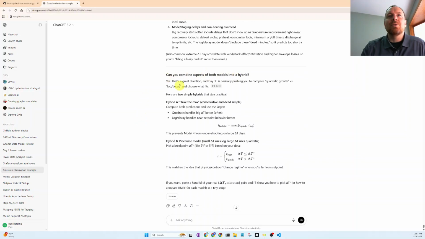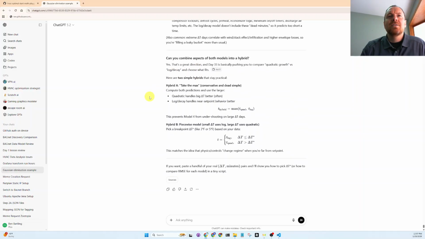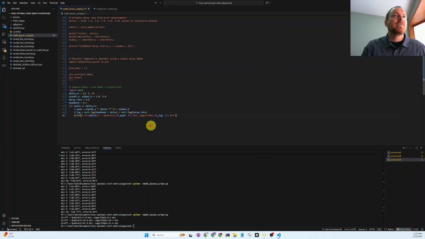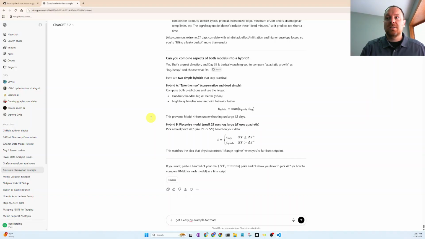Can you combine the aspects of both of these models? Yes, that's great. The direction Day 33 is pushing is quadratic growth versus log and decay. So a piecewise model: small delta T uses log, large delta T uses quadratic. Let's say, give me an easy Python example for that. I kind of liked how we had this, it was a nice easy code base.